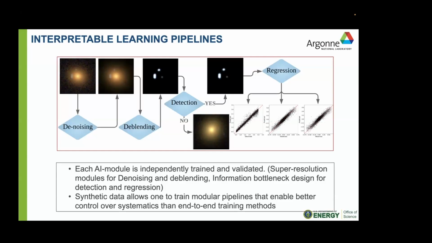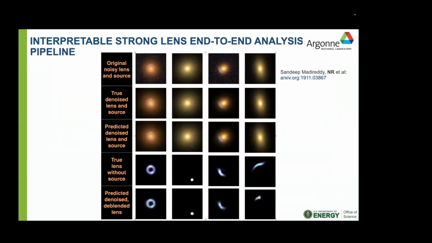This was easy because at each of these stages we had simulation data, and we had the ground truths at each individual stage. It also makes debugging much simpler. If there is a problem in one of the modules, we can quickly address it. And if there are newer methods that we want to try, we can try them in certain modules only, and we don't have to train the entire framework.